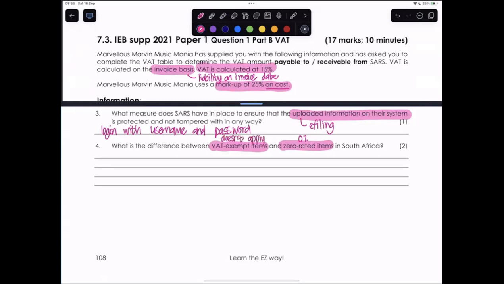Now, interestingly, the VAT exempt items are actually specified as VAT exempt in an Act of Parliament. In other words, by law. Whereas the zero rated are items that can be changed at any time by the Minister of Finance.